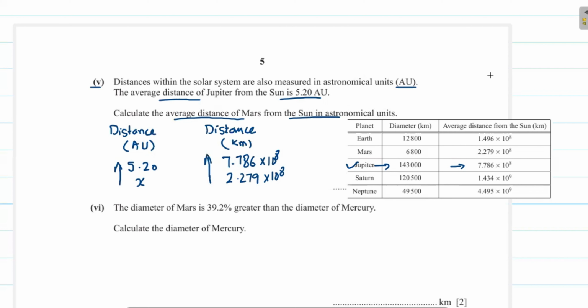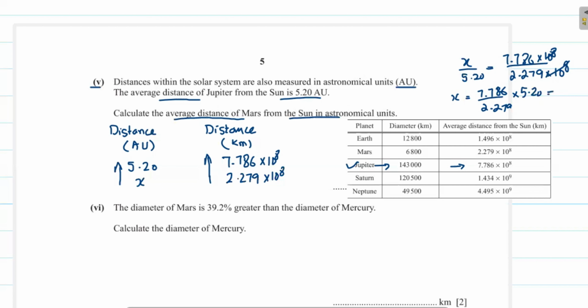This will be equal to x over 5.2 equal to 7.786 multiplied by 10 power 8 over 2.279 multiplied by 10 power 8, and this will be cancelled. Therefore, x will be equal to 7.786 over 2.279 multiplied by 5.2.